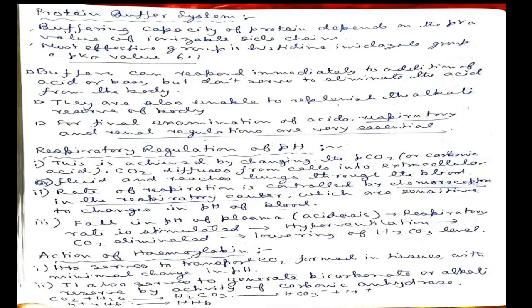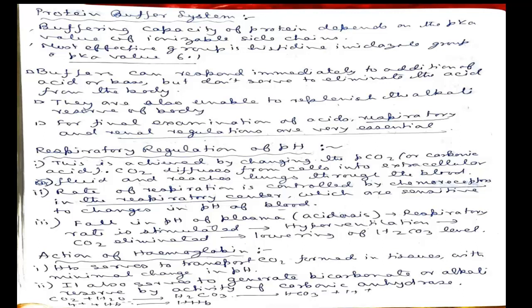Rate of respiration is controlled by the chemoreceptor in the respiratory center, and this is controlled by change in pH. When pH is low in plasma, that is, acidosis occurs, respiratory rate is stimulated, resulting in elimination of carbon dioxide and lowering the H2CO3 level.